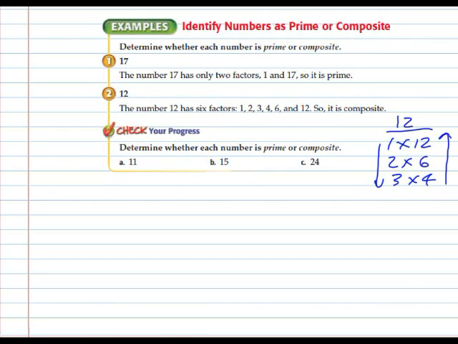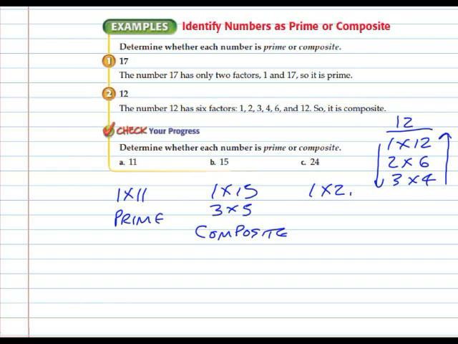Letter A, with 11. 11 has only 2 factors, 1 times 11, making it prime. 15 has 1 times 15 and 3 times 5, so it's composite. 24 has several factors, 1 times 24, 2 times 12, 3 times 8, 4 times 6, making it also a composite number.